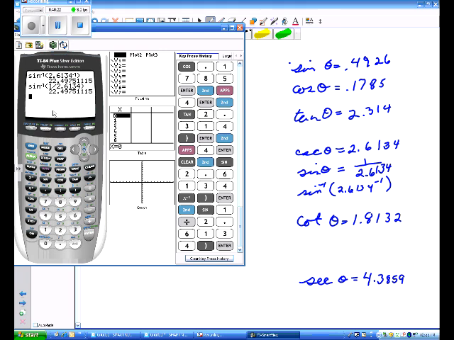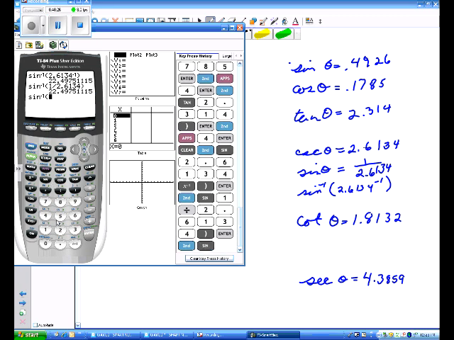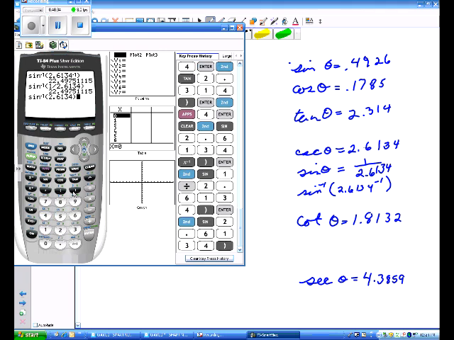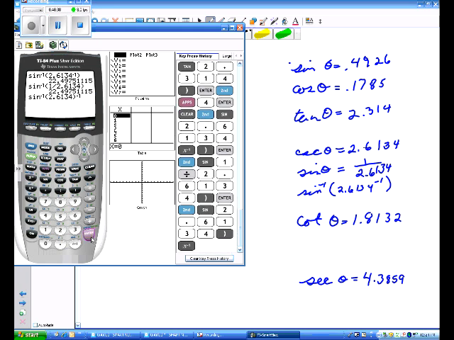Now, up here I said you had to put that reciprocal inside the parentheses. Let's just see what happens if you don't. If we do second sine and we do 2.6134 and we close it and then put our reciprocal button, it's going to give us an error message, and it deals with the domain. The reason for that is, remember, our sines are always between -1 and +1.